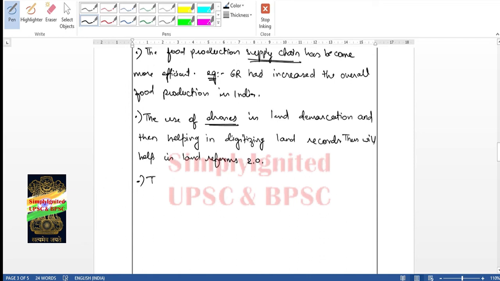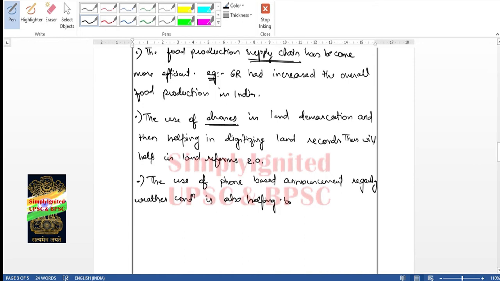Now the use of mobile phones, or the use of phone-based announcements regarding weather conditions, is also helping to make agriculture more reliable.